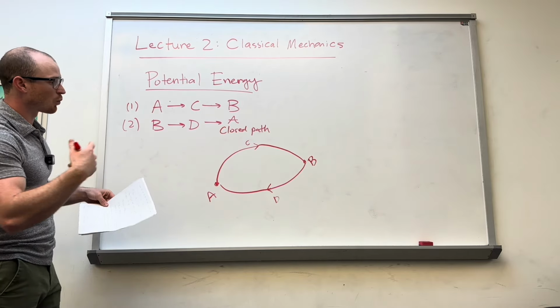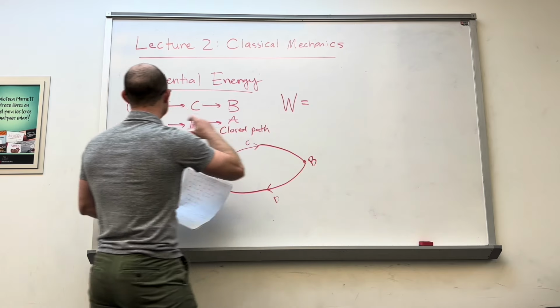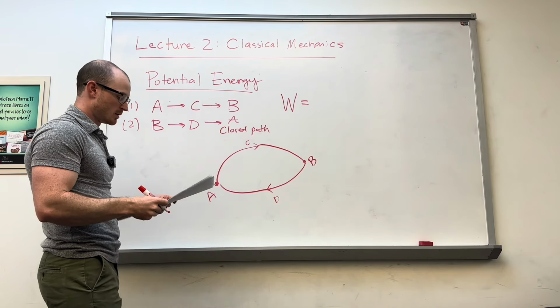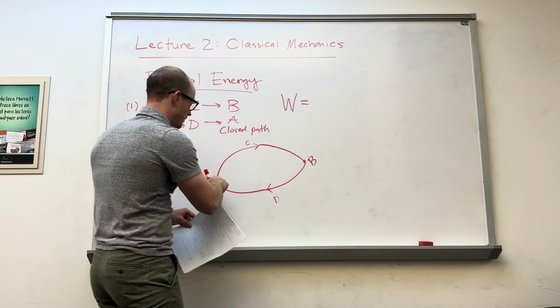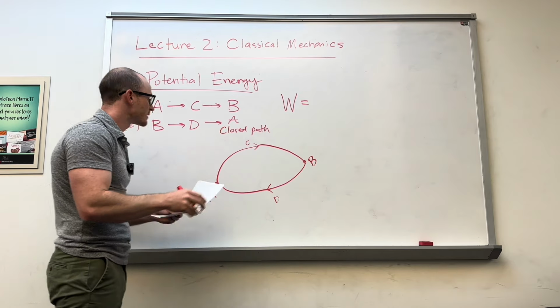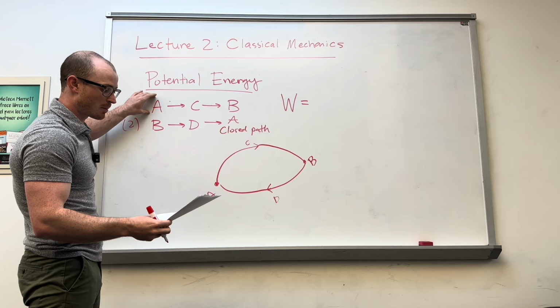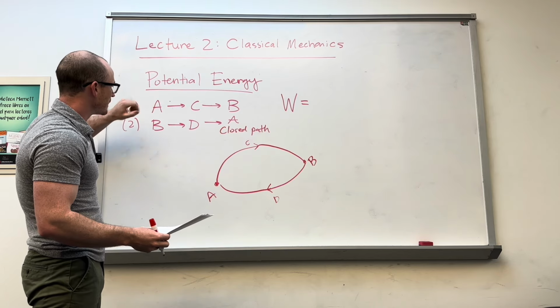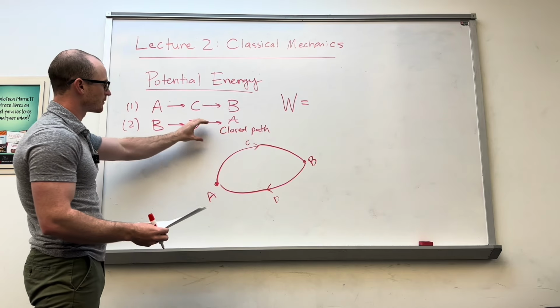Let's express the work on the particle in terms of these two separate paths. So we know that the work is just going to be the force dotted with the displacement integrated over the paths. Since the integral is linear, we can actually just split the integral up. So we're going to have the work integral over this path plus the integral over this path.